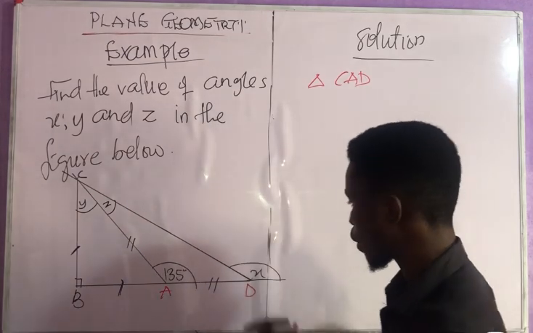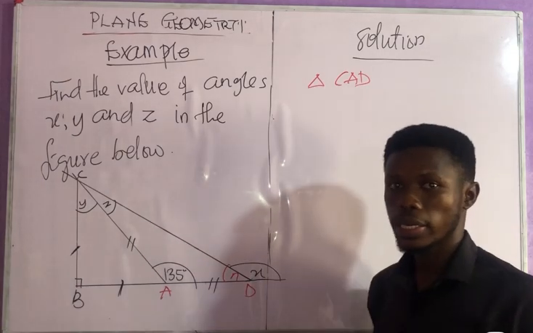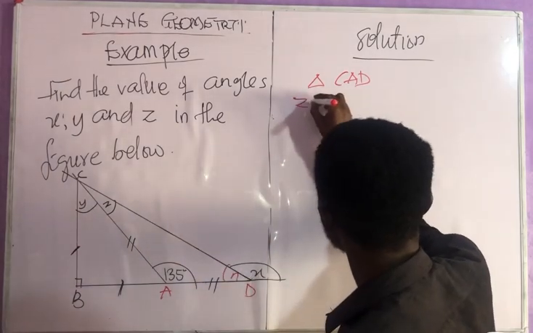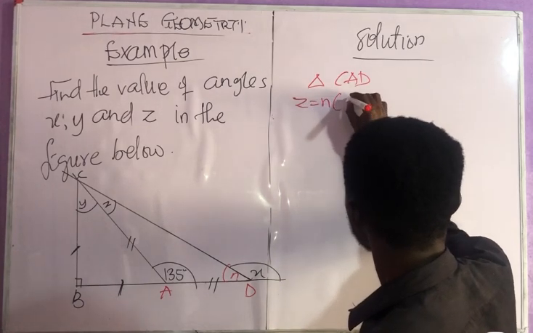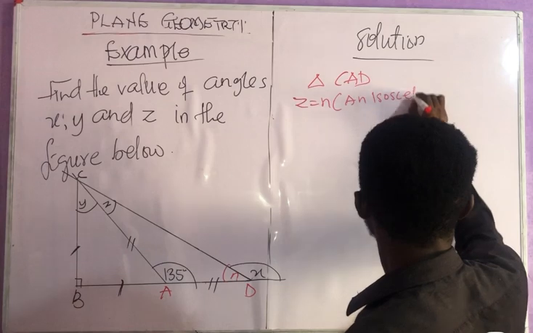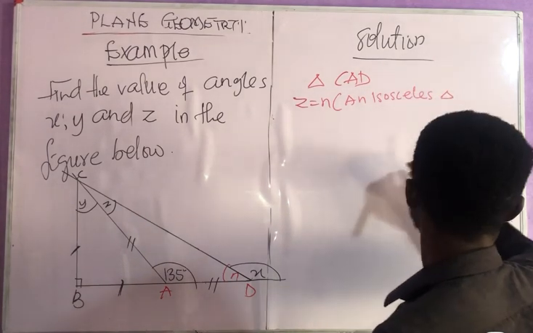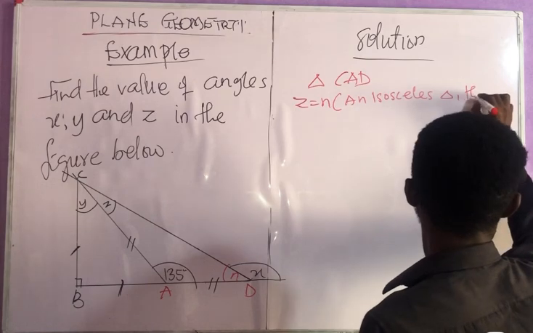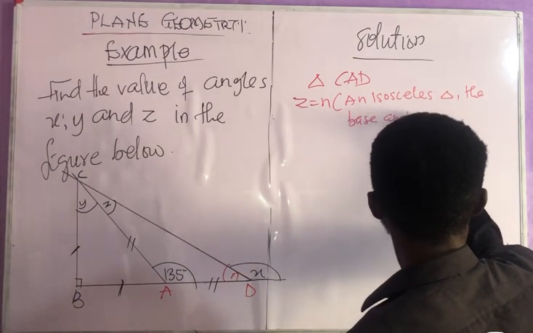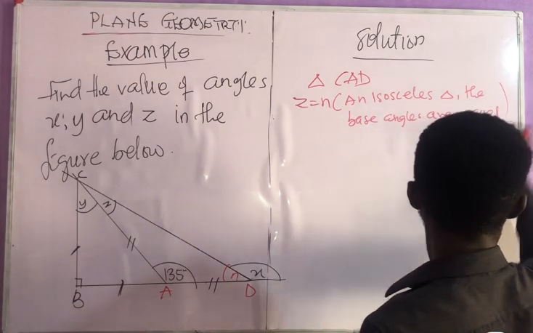So let's assume that here is n. Let's represent it by any letter. If this angle is n, it means that z is equal to n, because we said that for an isosceles triangle, the base angles are equal.